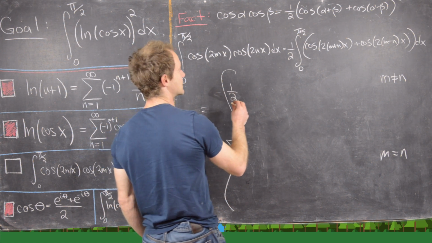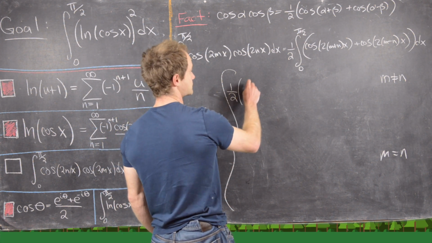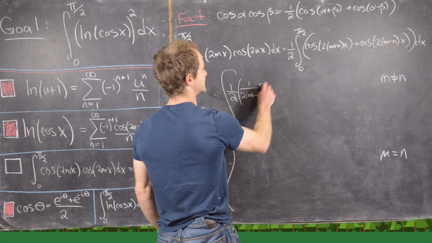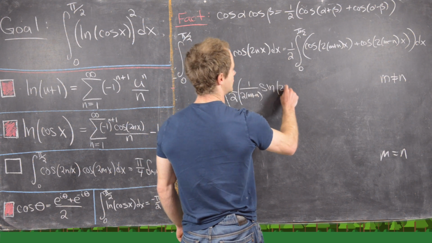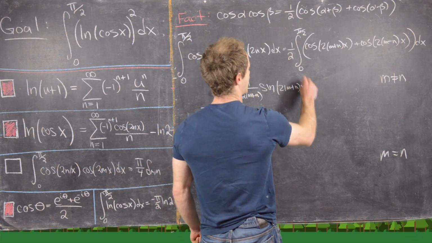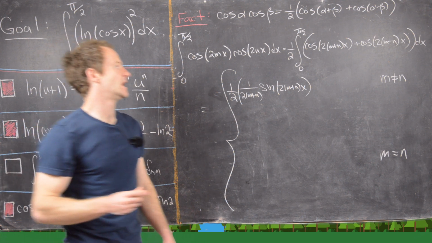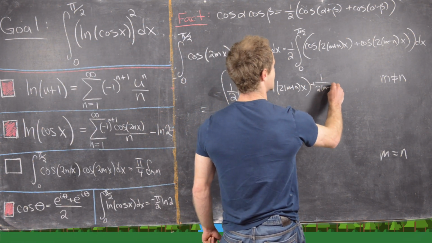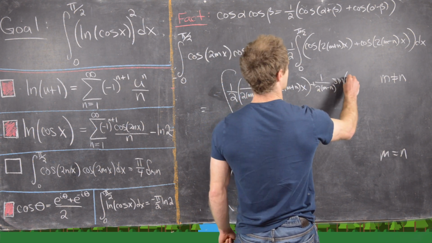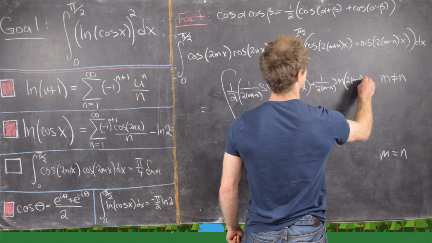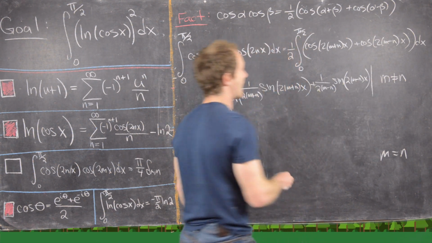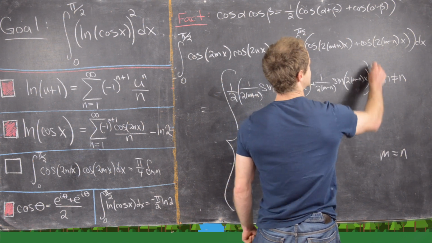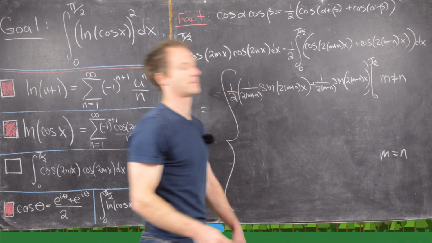Now taking the antiderivative, we will have 1 over 2(m plus n) times sine of 2(m plus n) times x, and then plus 1 over 2(m minus n) times sine of 2(m minus n) times x. And then that whole thing needs to be evaluated from 0 to pi over 2.